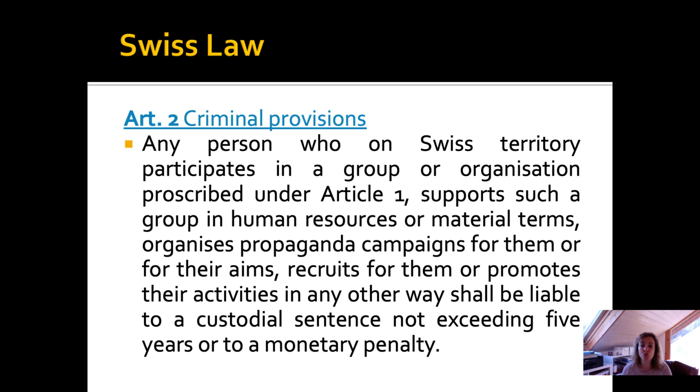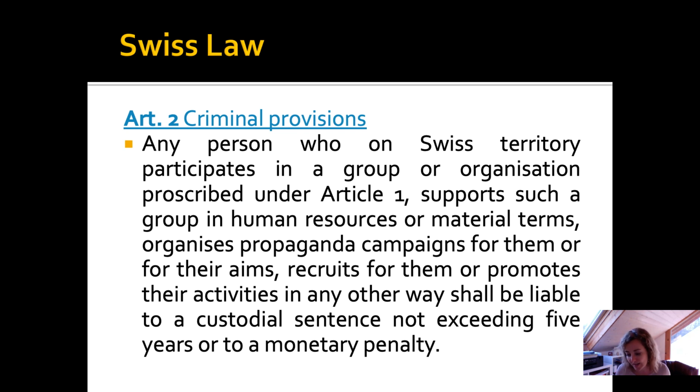Article 2 says that any person who on Swiss territory participates in a group or organization proscribed under Article 1, supports such a group in human resources or material terms, organizes propaganda campaigns for them or for their aims, recruits for them, or promotes their activities in any other way, shall be liable to a custodial sentence not exceeding 5 years or to a monetary penalty.